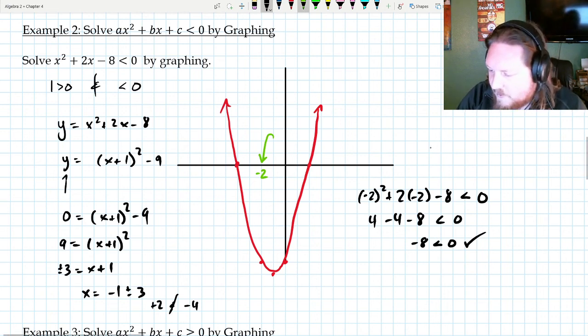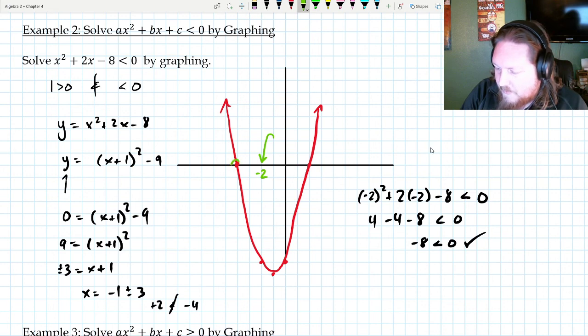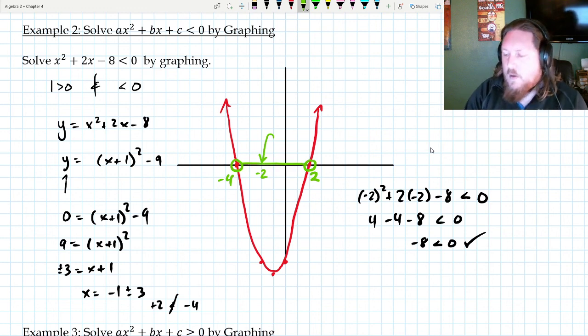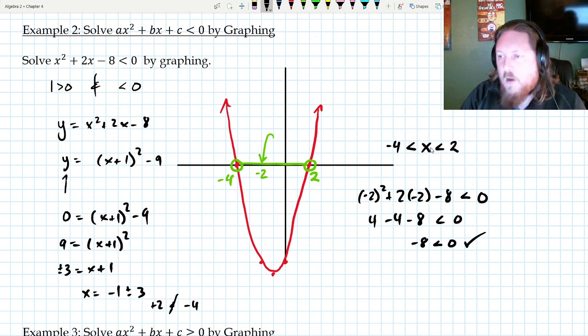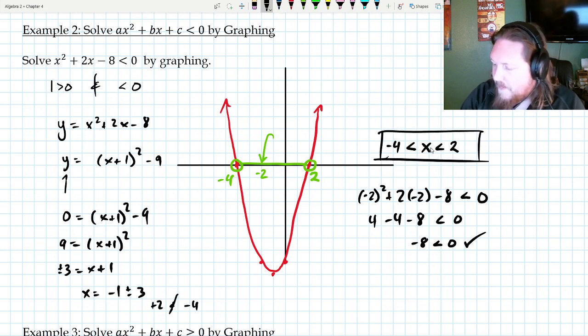My solutions are going to be between negative 4 and positive 2. That's where all my solutions exist. So my final answer: x is between negative 4 and positive 2. I don't have the or equal to on there because I do not have an or equal to in the original inequality. Here we go.